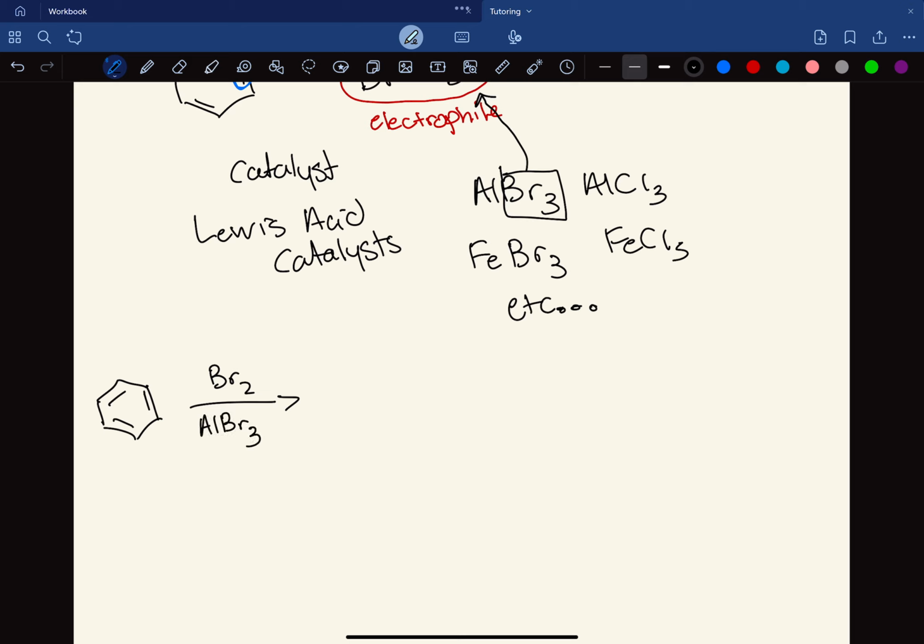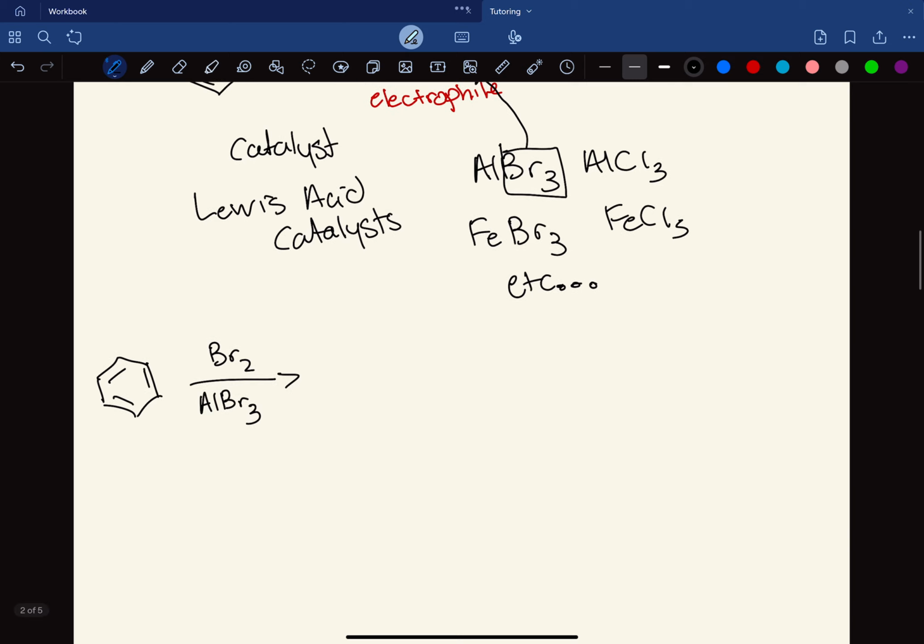So this is what you see if you have a problem that involves halogenation, and for this example we're going to use simple benzene. This can be done with other aromatic compounds. It could be done with benzene with a substituent, but if it's done with benzene with a substituent, you would have to take into account activators and deactivators, which will not be covered in this video. So we're just going to be looking at benzene.